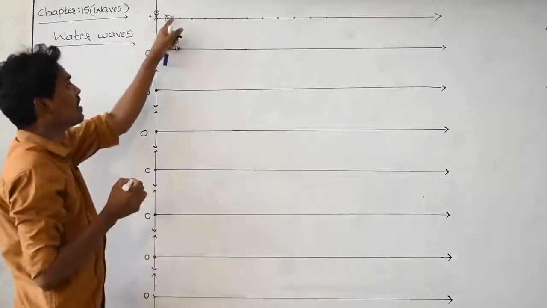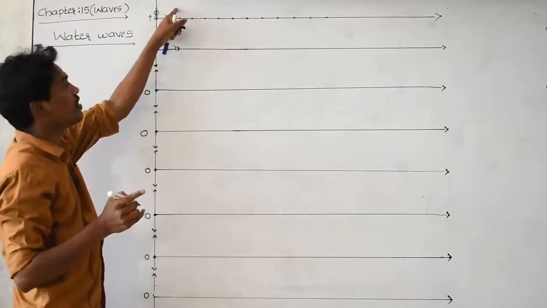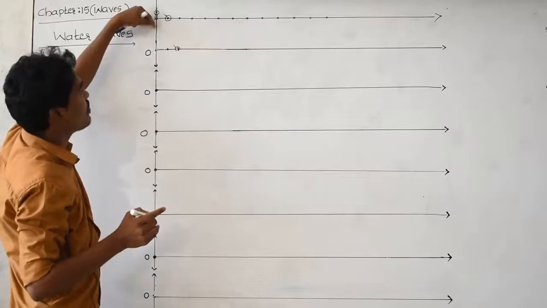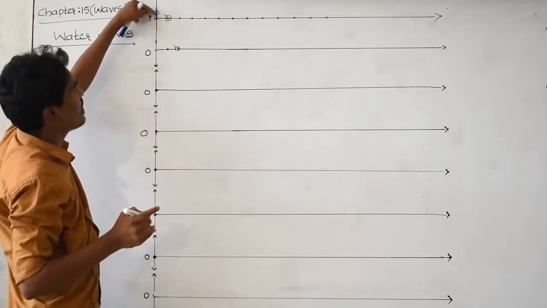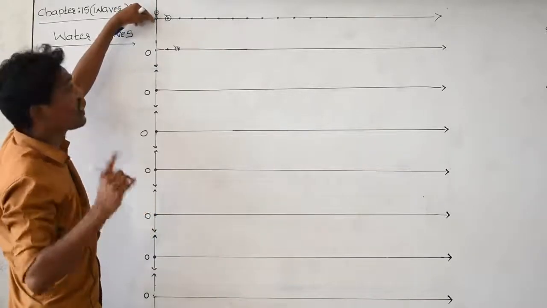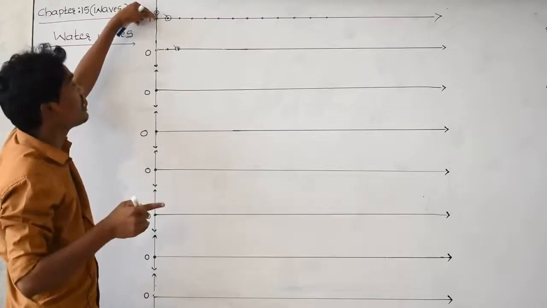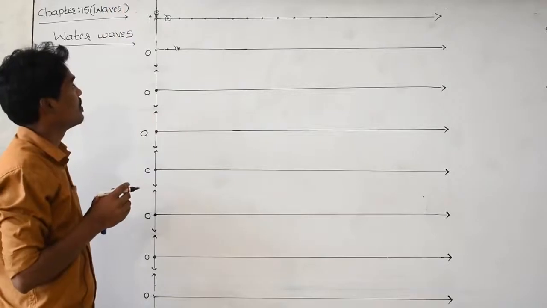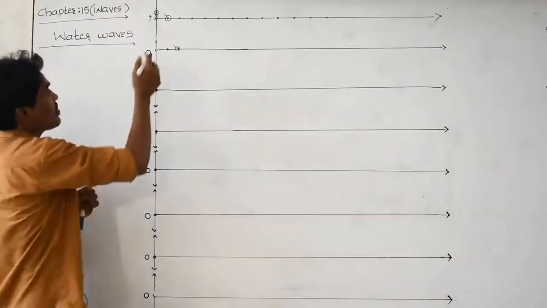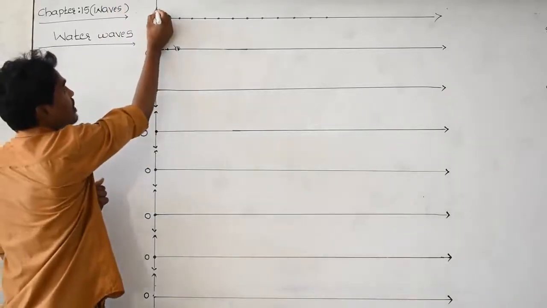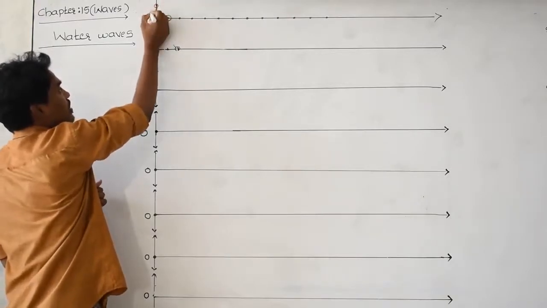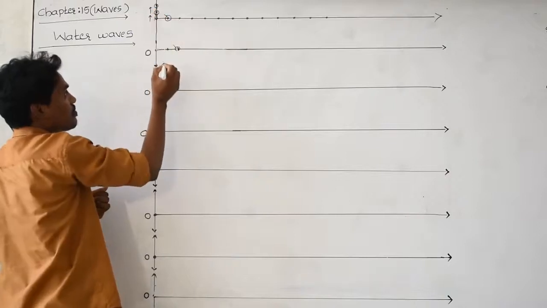It is not moving upward, because only the first particle is disturbed by the stone. The first particle is making vibration, and the disturbance produced by the first particle has not yet reached the second particle, that's why it is at rest. After some time, this water particle reaches this point, because it is oscillating, and again moves upward.